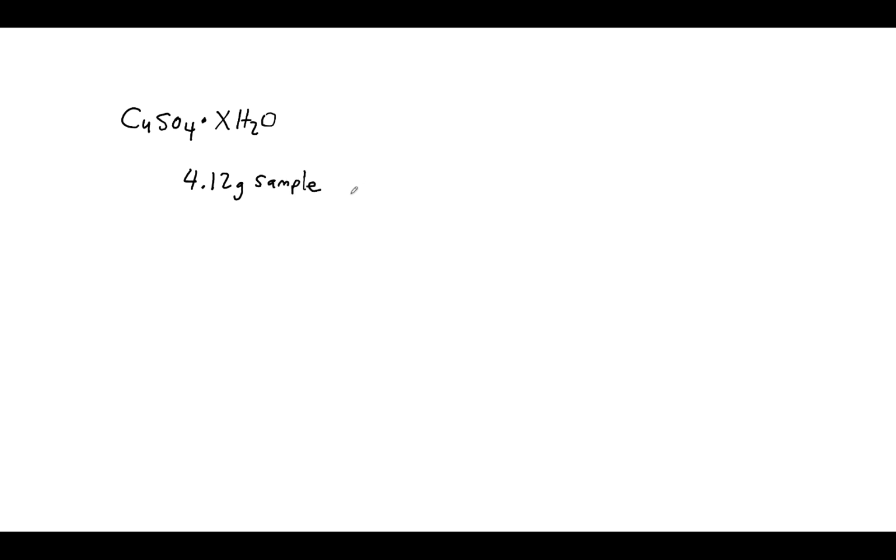And we know that 25.2% of its mass is due to the water. So we can actually calculate directly the mass due to water. What we do is we multiply this by 0.252, and this is going to give us the mass of water. And so when we do this, what we get is 1.04, roughly, grams of H2O. Okay?